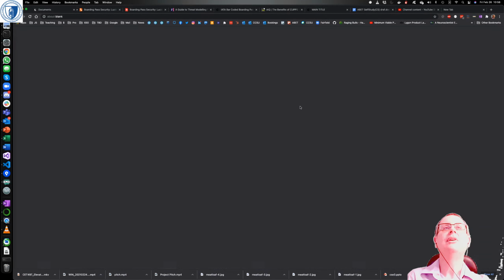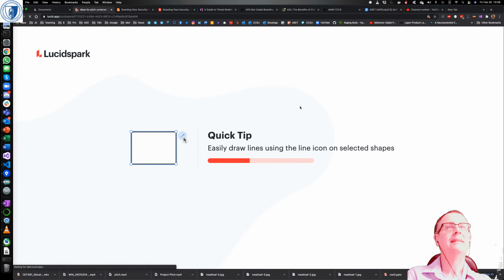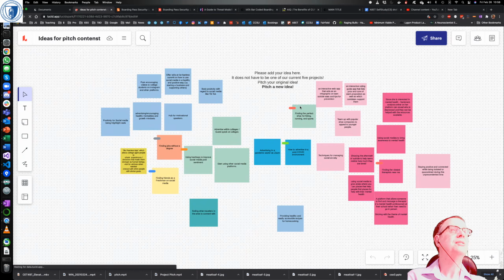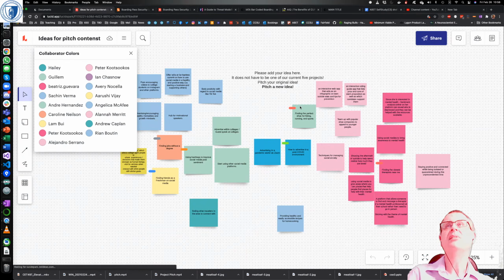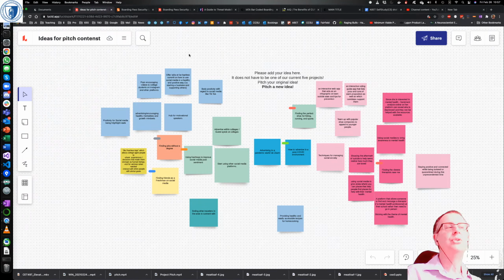Right, it's again using Lucid Spark, and similar to what we did with the project relevance statements. But what we'll aim to do is put all of our shall statements into this system, one per sticky note, and then try and cluster them and see whether there's commonality across some of the projects.